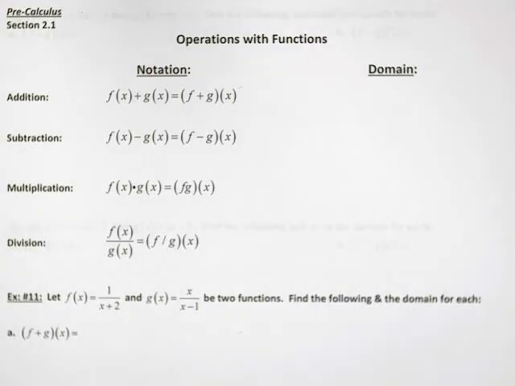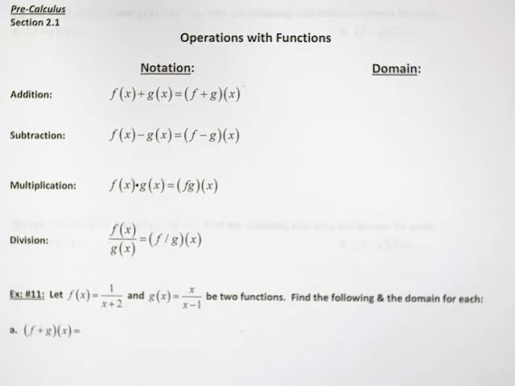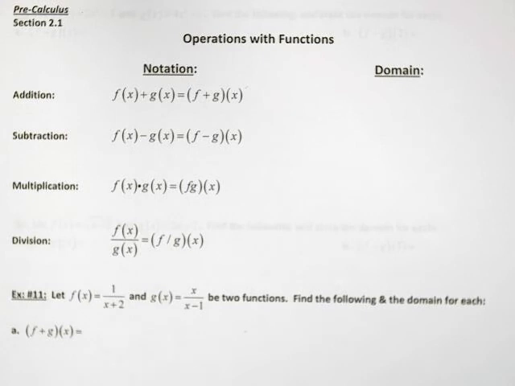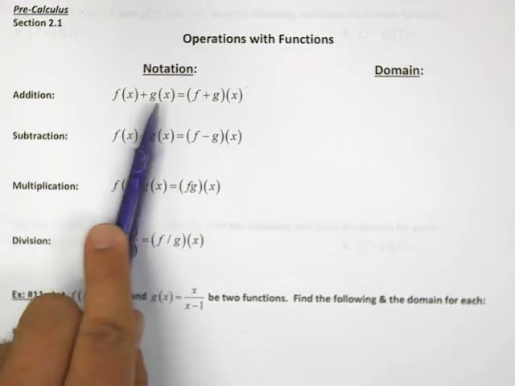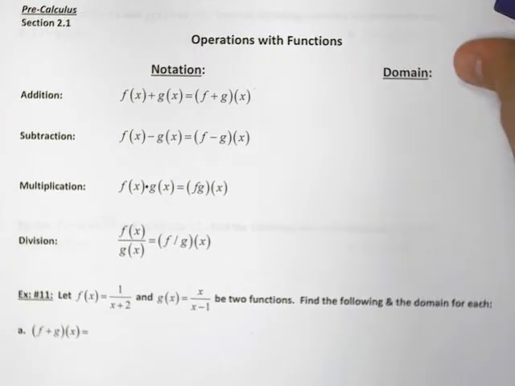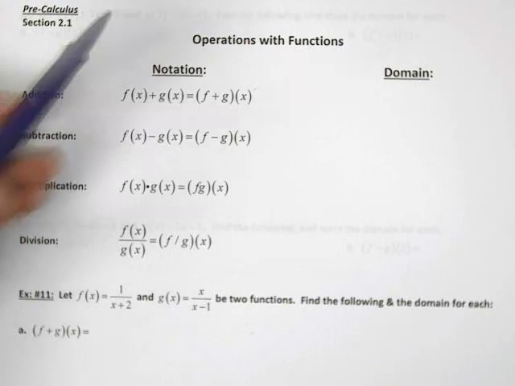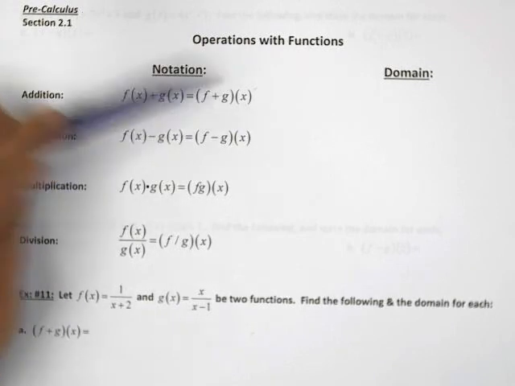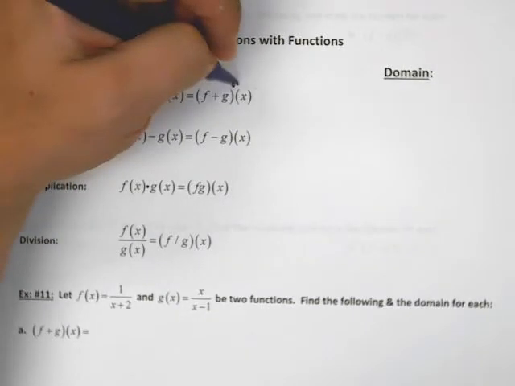Okay, so this very top section is nice and easy. We don't have a ton to write about. It's really just notation, okay? If we are going to add two functions together, a lot of the times in the books or on tests or questions that you might see, you'll probably see it written f plus g of x, okay?